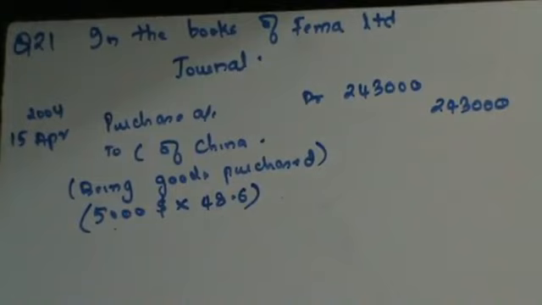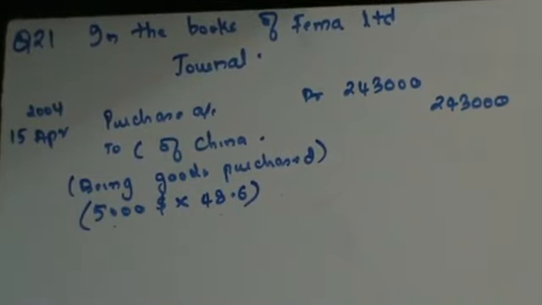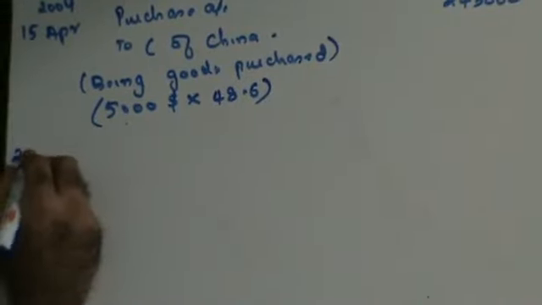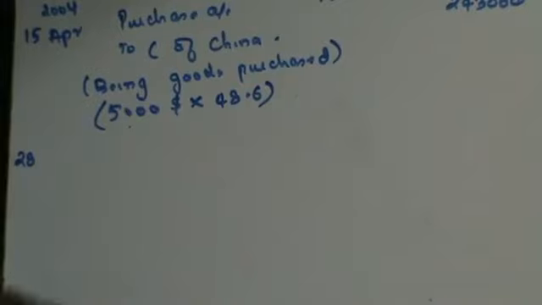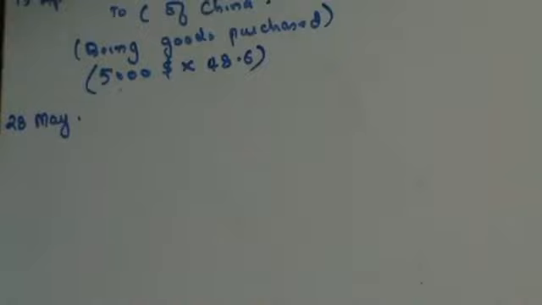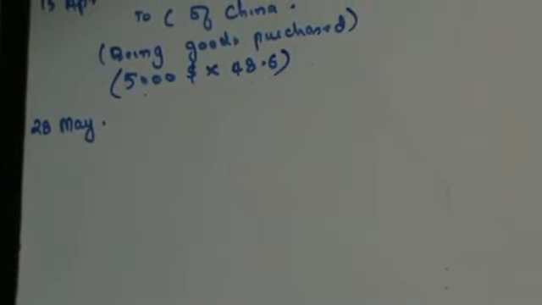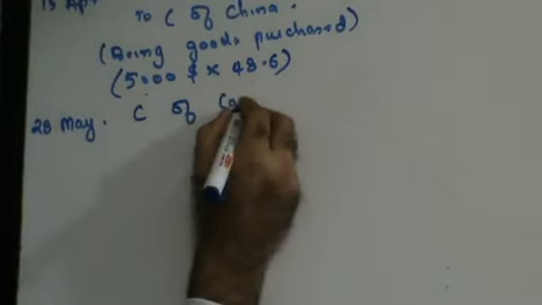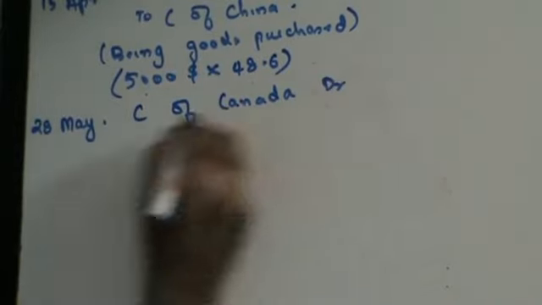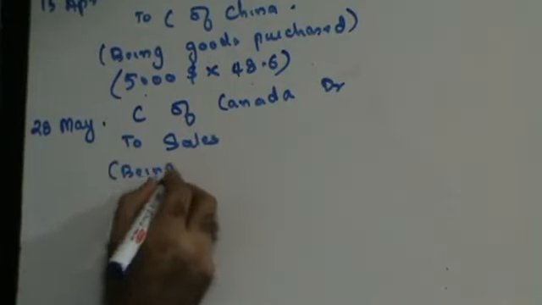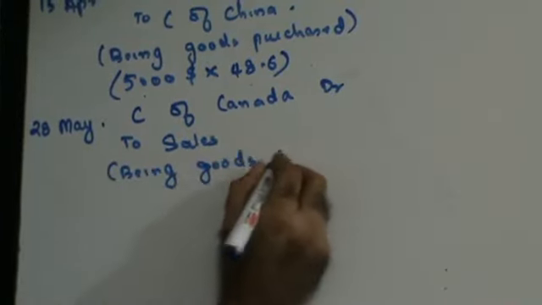Then you have Sea of Canada. On 28th May they are saying that exported goods to Sea of Canada of 1,20,000 US dollars. Exported, debit the receiver. Sea of Canada is the receiver, to sales, being goods sold.